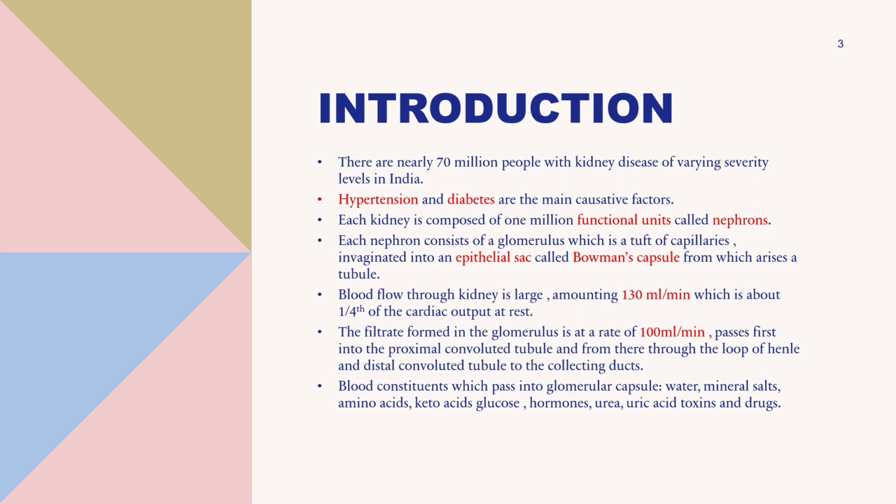Blood constituents which pass into the glomerular capsule are water, mineral salts, amino acids, keto acids, glucose, hormones, urea, uric acid, toxins, and drugs.